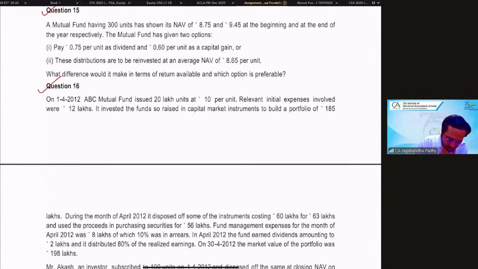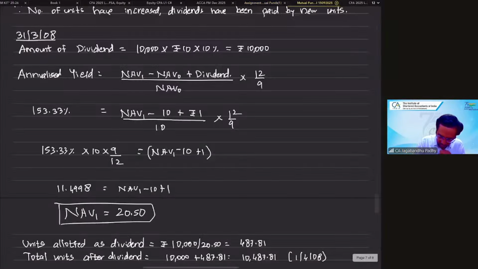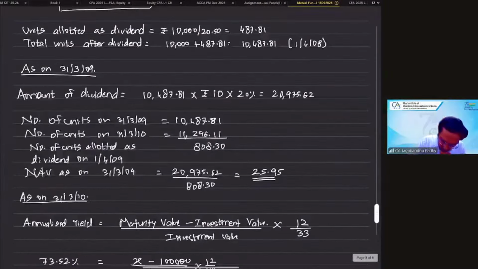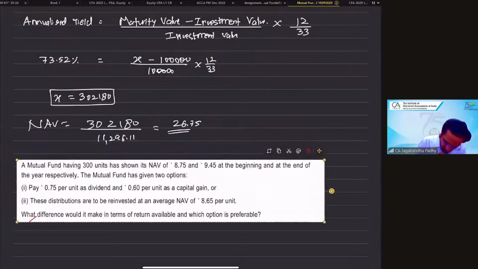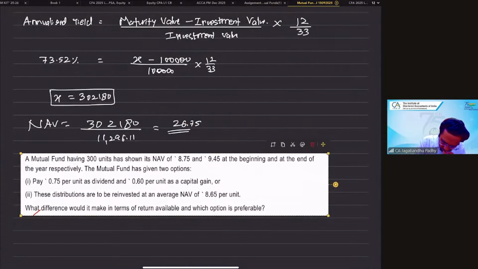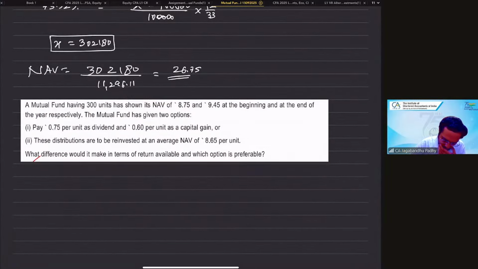A mutual fund having 300 units has shown its NAV as 8.75 and 9.45 at the beginning and at the end of the year.